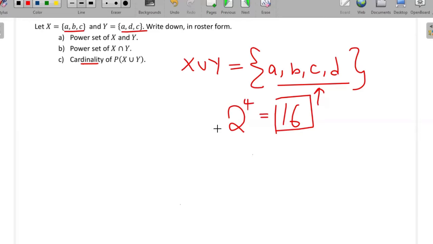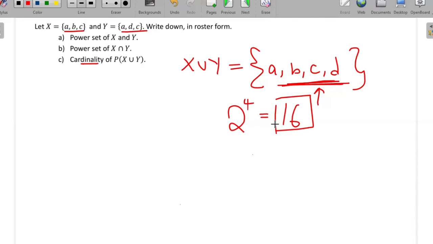Okay, repeat. First, let's find X union Y. X union Y is this one here. Now how many subsets are there for the set X union Y?